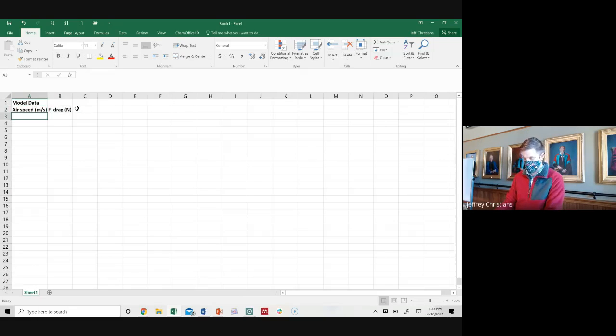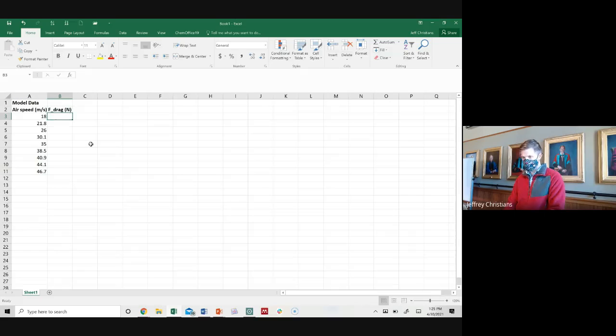Our airspeed was 18 meters per second, 21.8, 26, 30.1, 35, 38.5, 40.9, 44.1, 46.7.